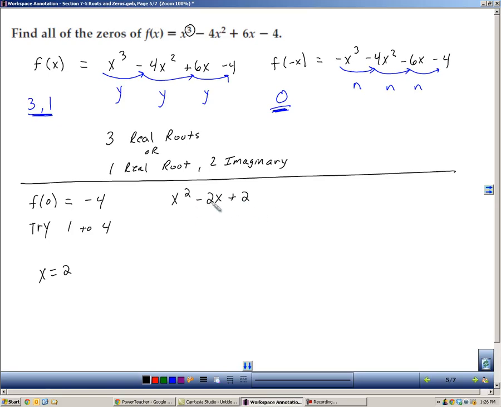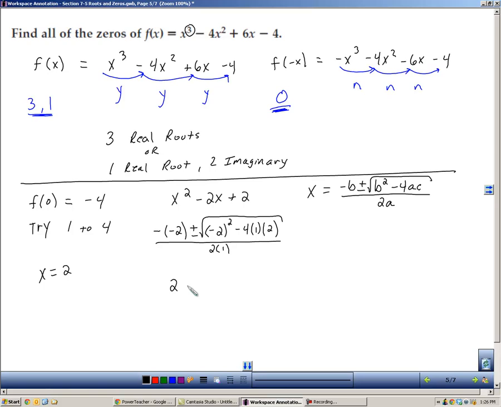Now how can I solve that? Well, it doesn't factor at all, so I'm going to use the quadratic formula. So here's the quadratic formula if you don't remember, and I'm going to plug the values in. This is a positive 2. Underneath I'm going to get a 4 minus an 8. So all this stuff underneath the radical is going to be a negative 4, and that's all over 2.